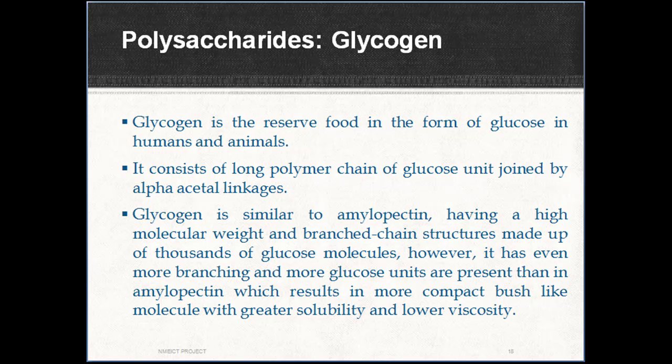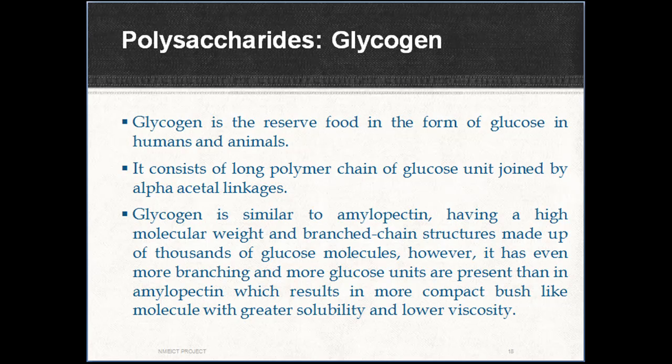It consists of long polymer chains of glucose units joined by alpha-acetal linkages. Glycogen is similar to amylopectin, having a high molecular weight and branched chain structure, which is made up of thousands of glucose molecules.